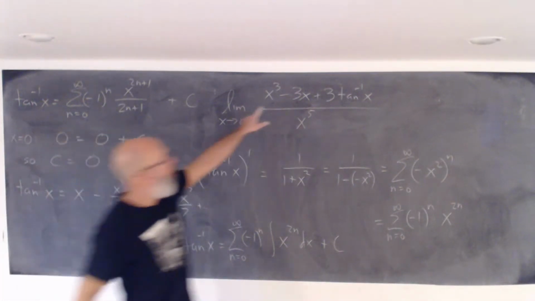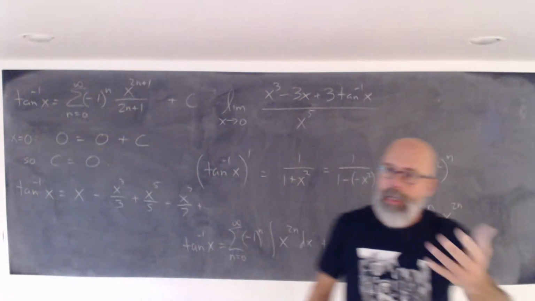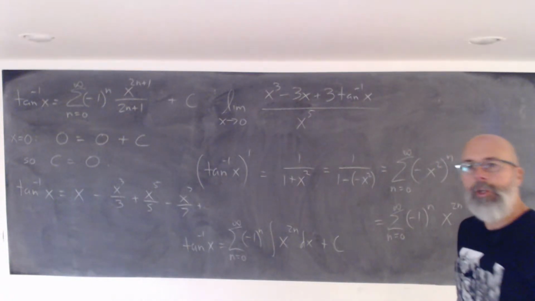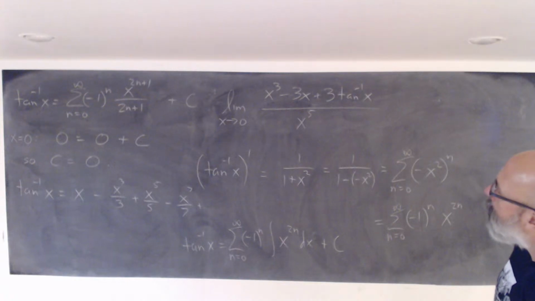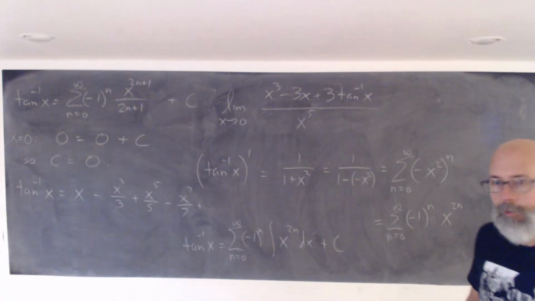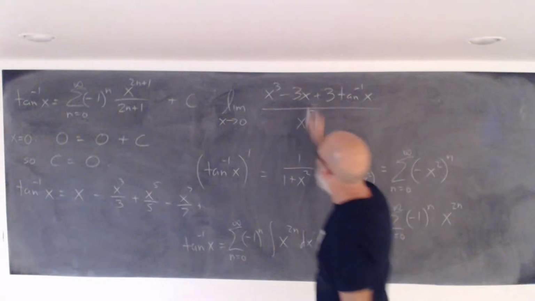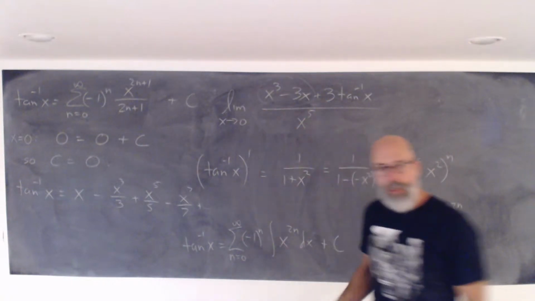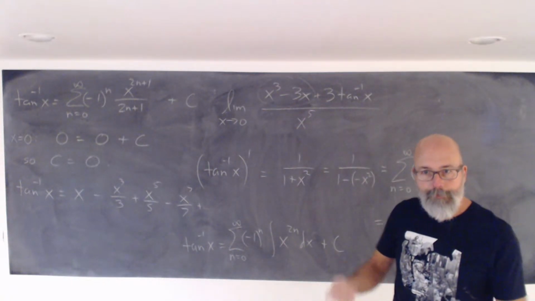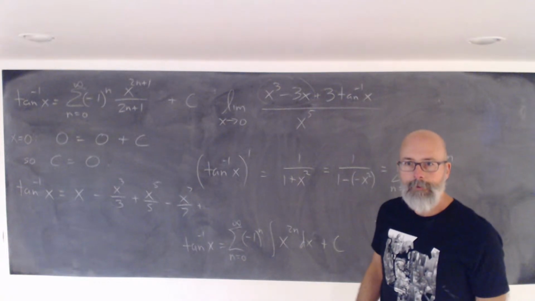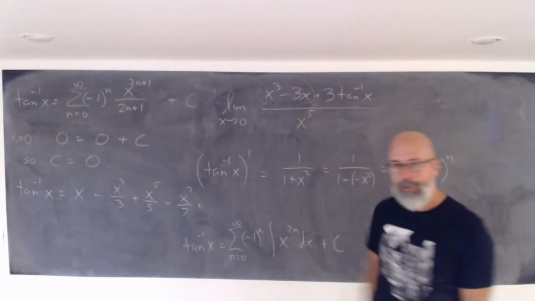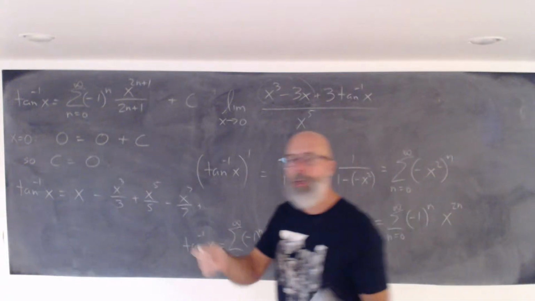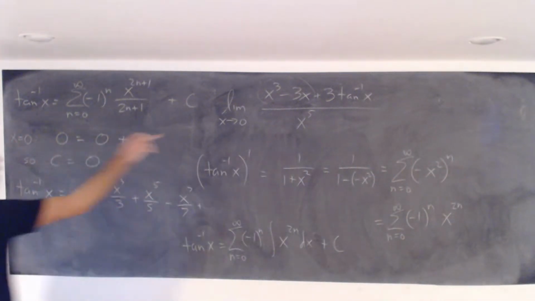This is a polynomial, and a polynomial is its own Maclaurin series. Isn't that a nice observation? This is a finite Maclaurin series, and it's equal to the function. This function is its own Maclaurin series.